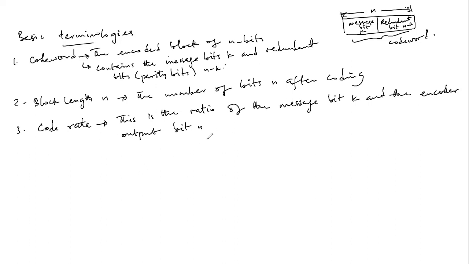It is given as r, which is the same as k over n, the message bits over the encoder output. For an r, it lies between 0 and 1.